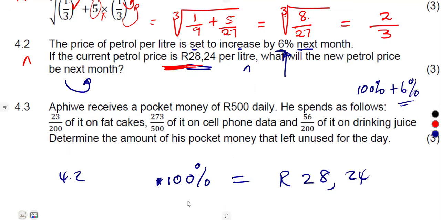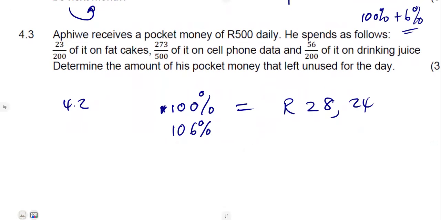Increase, you add. So it's going to be 106. So you ask yourself, at 106%, what is the corresponding value? What is the corresponding amount? We do not know that. It is a direct proportion. As the percentage increases, the money has to increase.